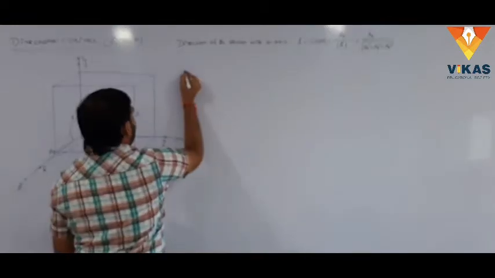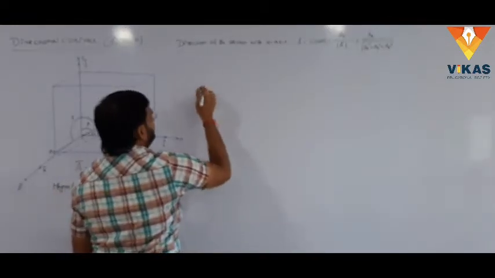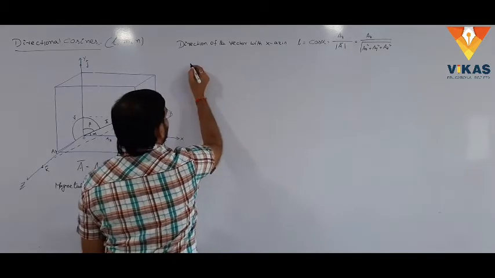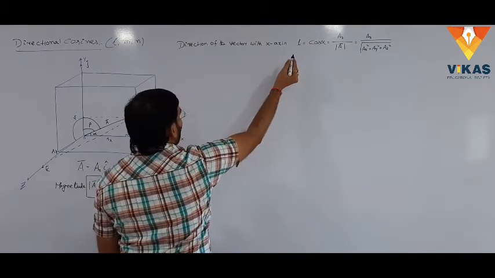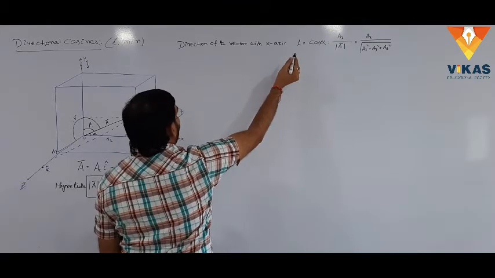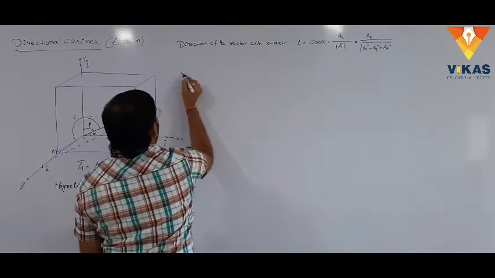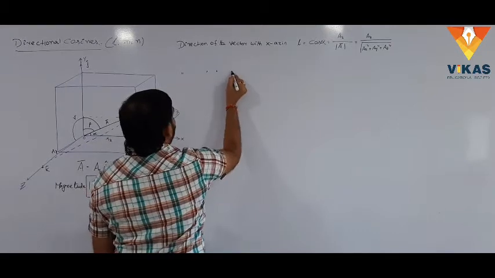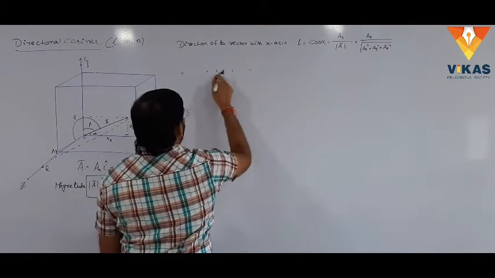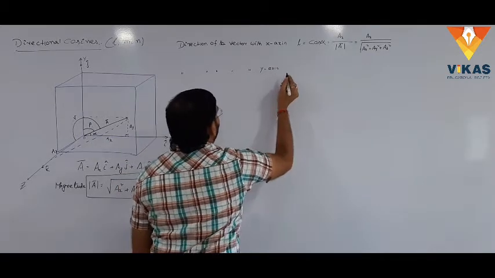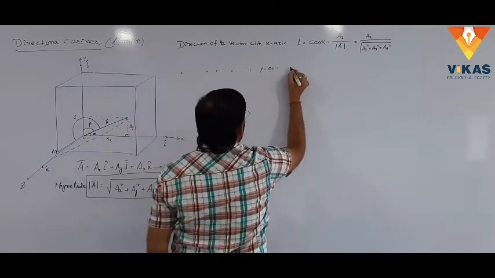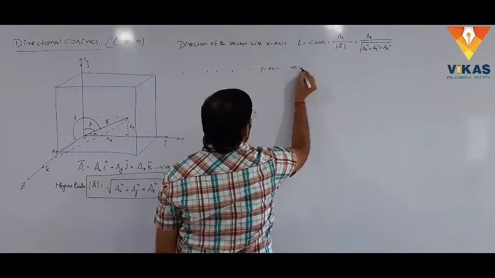The second one is the directional cosine of the three-dimensional vector. The second directional cosine is there, the direction of the vector with y-axis, which is represented with m.